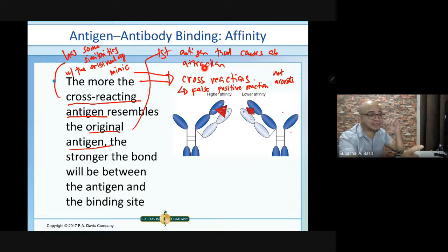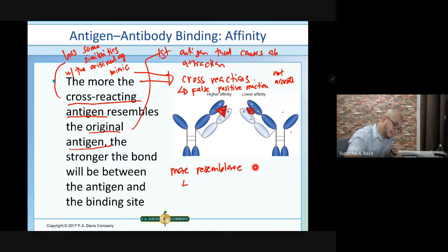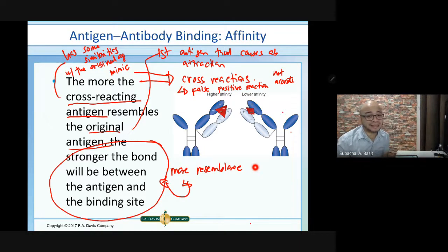Okay. So the thing that I'm trying to emphasize here is that if the cross-reacting antigen resembles the original antigen, the more resemblance that they have, the stronger the bond will be between the antigen and the binding site.